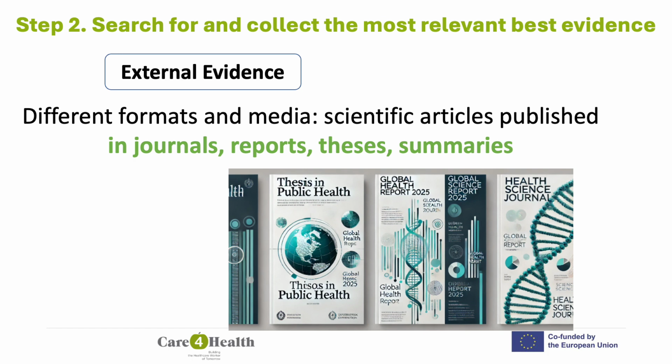There are different formats and media, like scientific articles published in journals, reports, and theses, that are used to disseminate the content of these research studies. So you must learn to read this type of document.